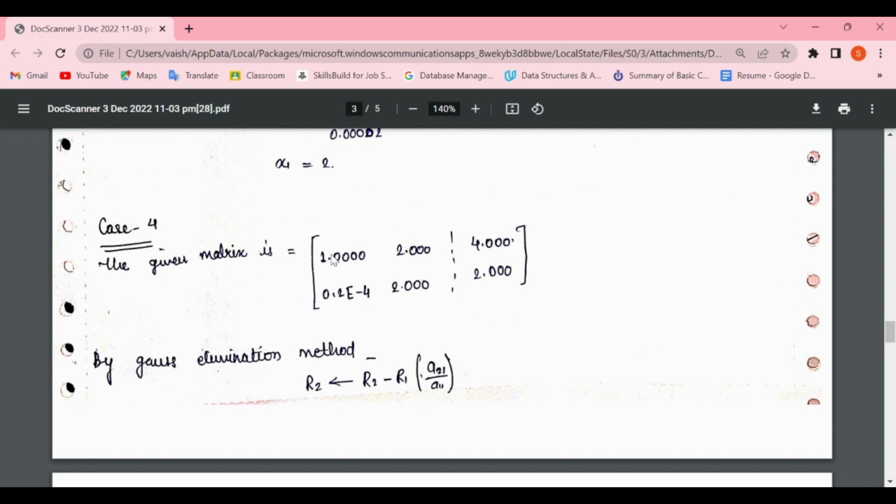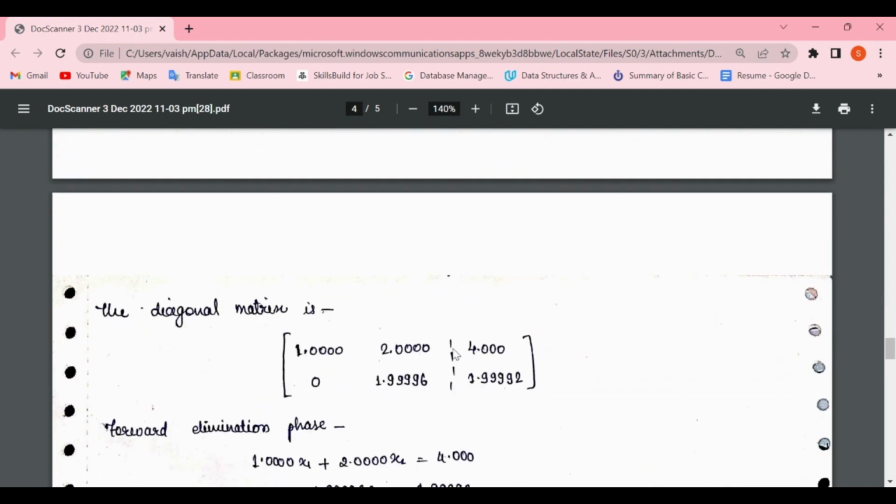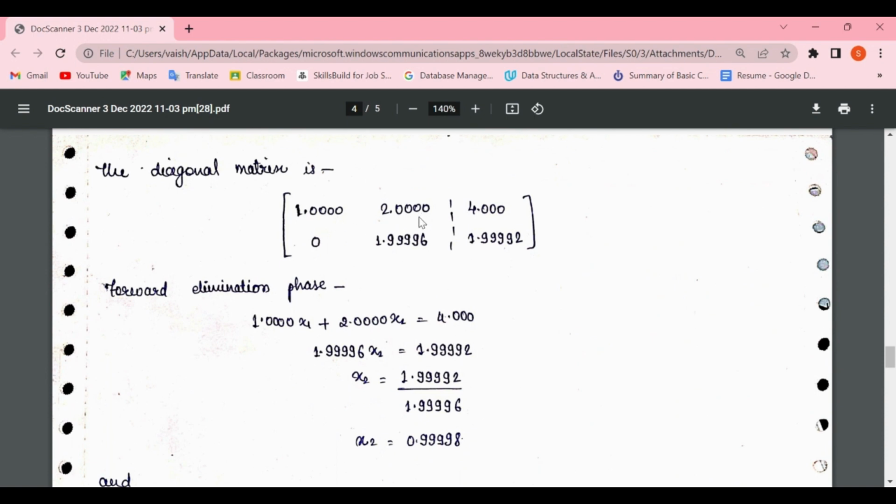For case 4, we perform the same operation and the same method to find the x1 and x2 values. By the Gauss elimination method, we will change R2 to R2 minus R1 into A21 upon A11. The upper triangular matrix will be 1, 2, 4, and in the second row we will get 0, 1.99996 and 1.99992.